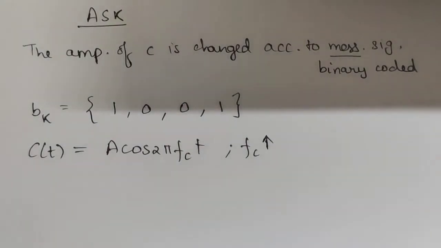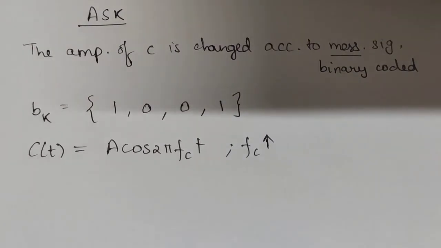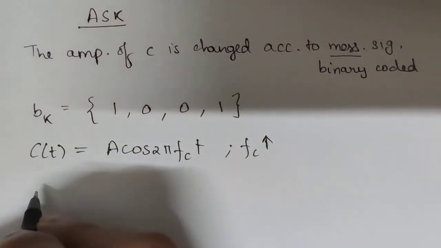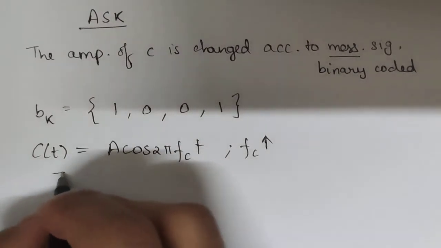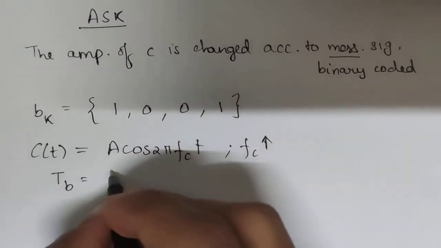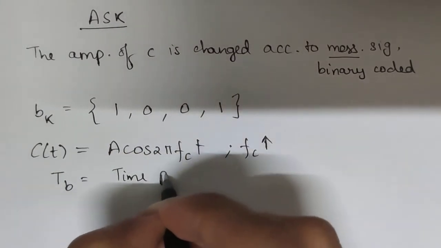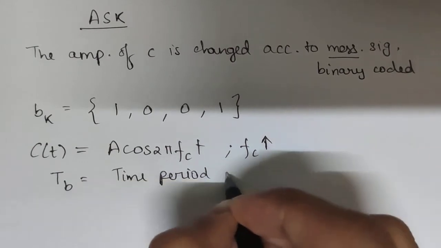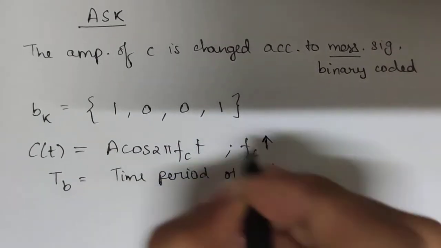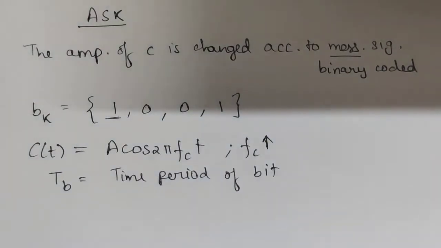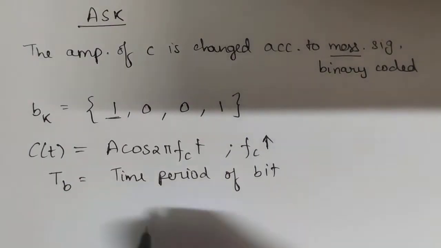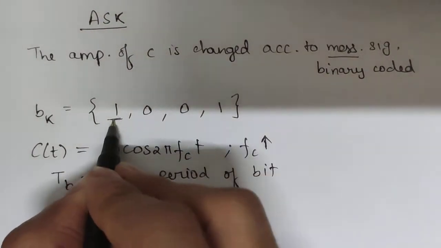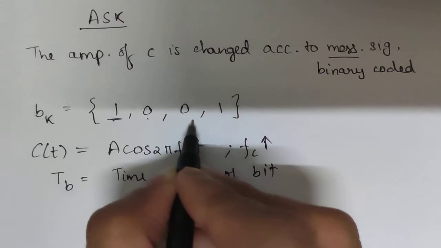Binary vector can be represented in time domain if we know the bit time period TB. TB is the time period of the bit. This is TB for this binary and so on.